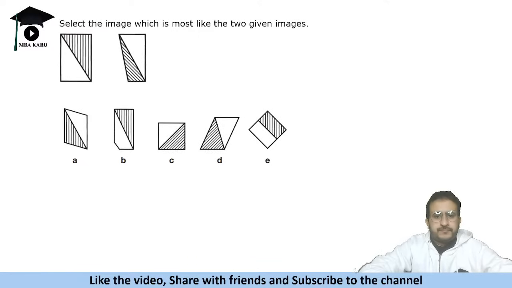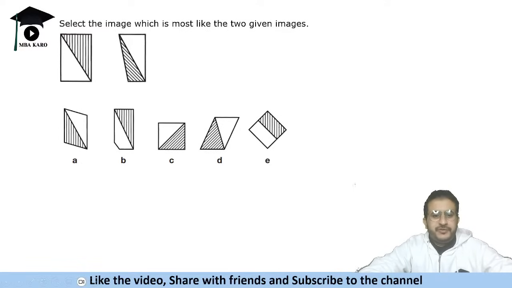Think, what could it be? How is it like the given images?